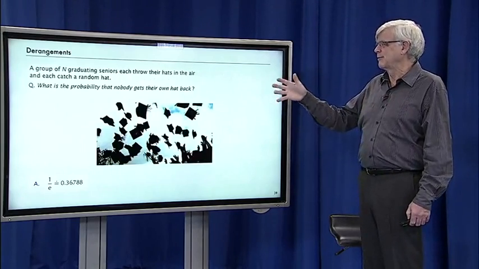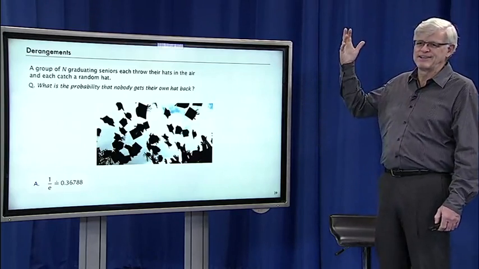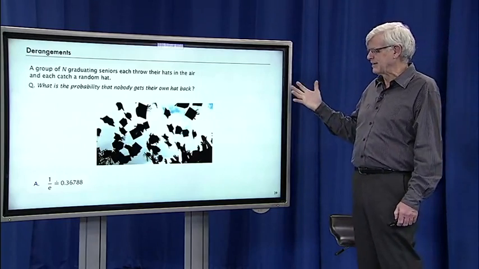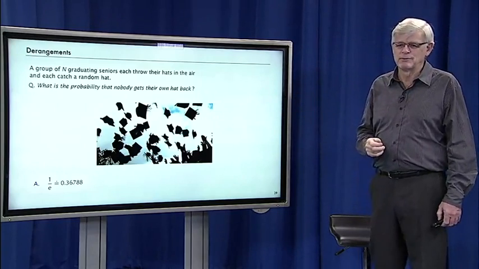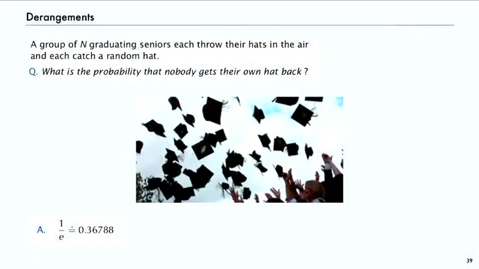Or maybe a way to tell your parents about this problem is when students graduate and throw their hats in the air and everybody catches a random hat, there's a 36% probability nobody gets their hat back. Actually, your parents probably want you to get your own hat back, or the rental company probably wants you to.